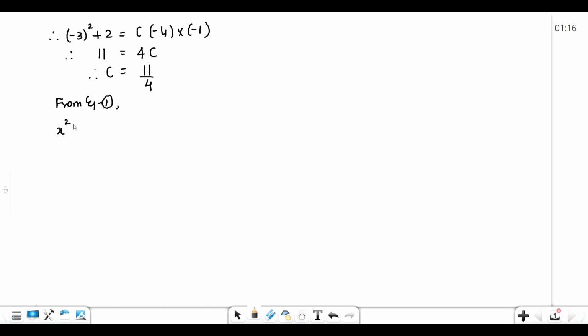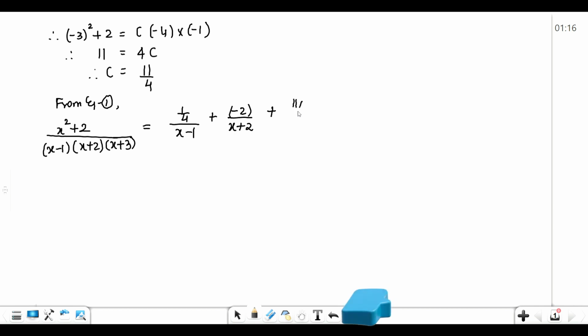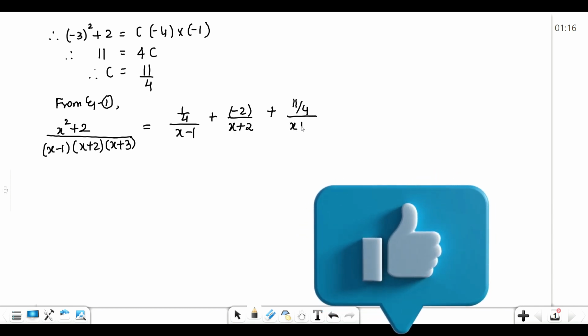That is (x square plus 2) upon (x minus 1)(x plus 2)(x plus 3) is equal to, so the value of a we will substitute, 1 upon 4 (x minus 1), then the value of b which is minus 2 upon (x plus 2), and the value of c which is 11 upon 4 upon (x plus 3).